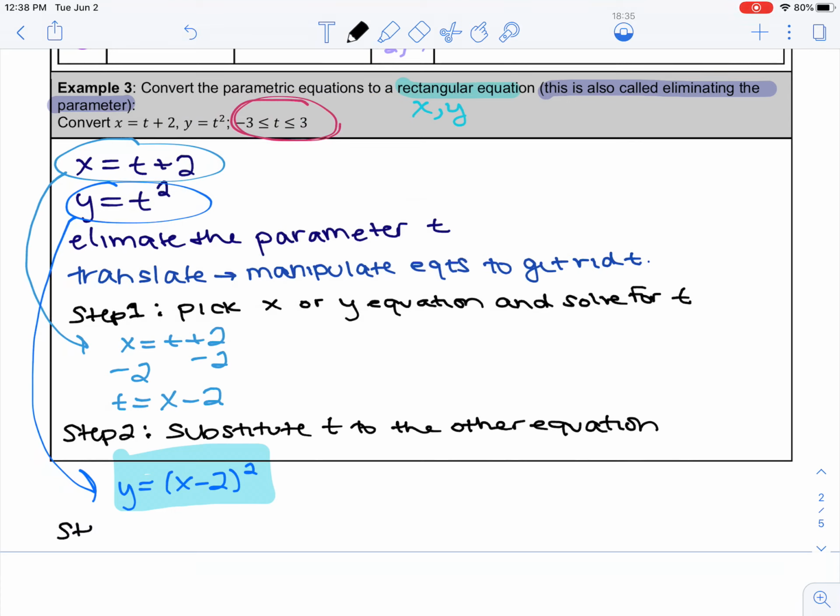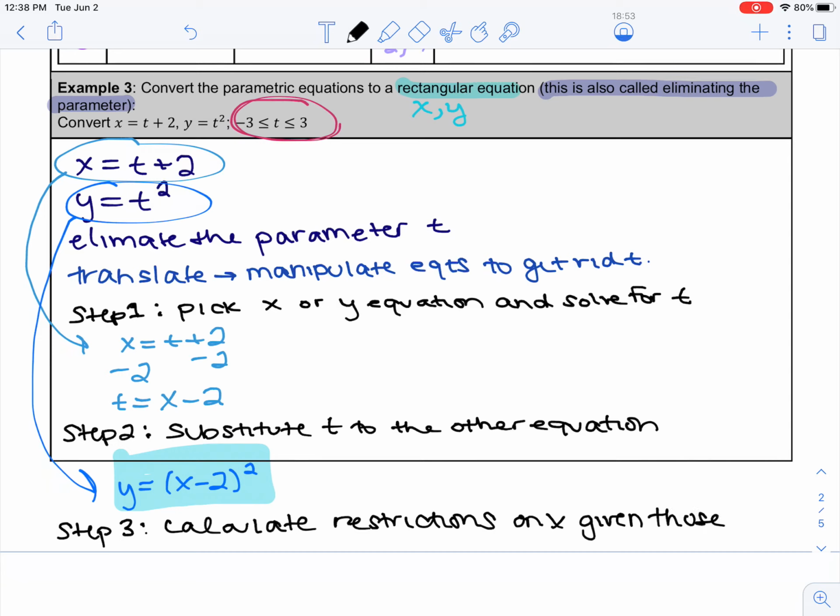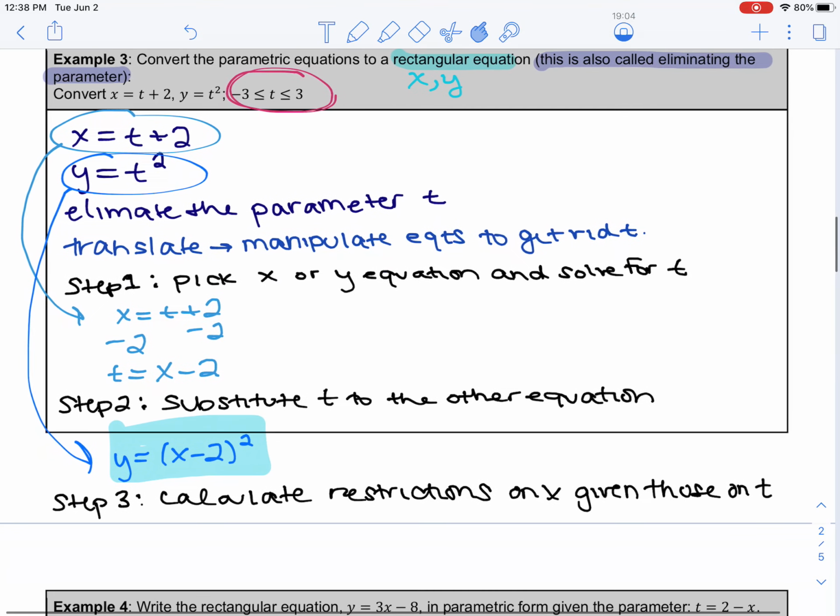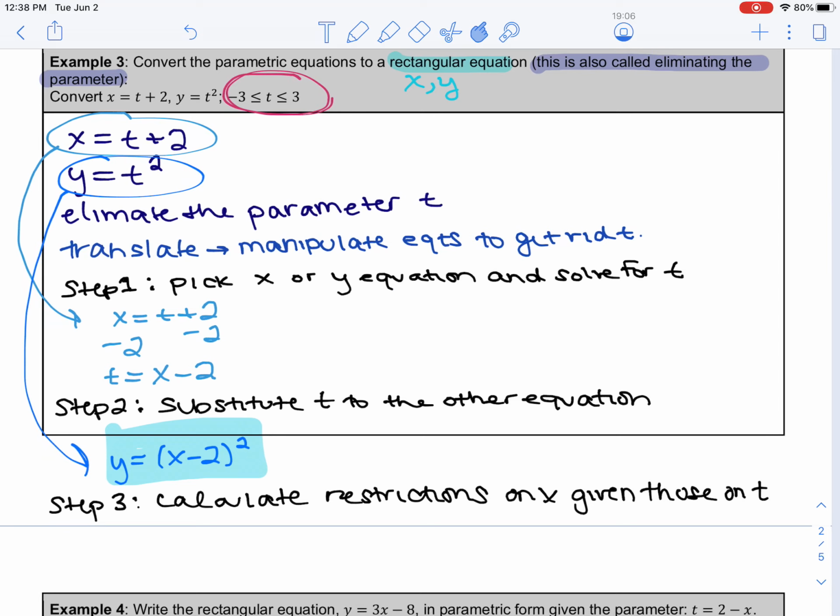So our final step of this is to calculate restrictions on x given those on t, right? We have restrictions from our prior input value, which was t, and now we have to come up with corresponding restrictions for our new input value, which is x.